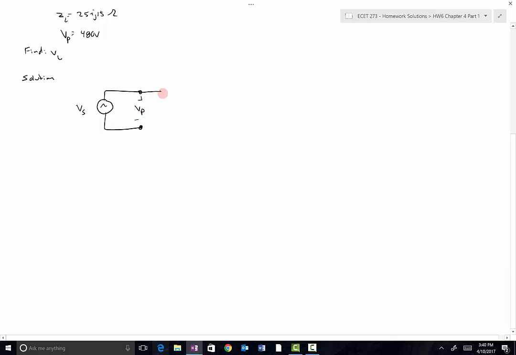We then model the internal parameters of the primary side coil with a resistor in series with an inductor. This is what we're referring to as the coil resistance of the primary. So this was 10 ohms, R1, and this is XL1, the leakage reactance of the primary. XL1 was J15 ohms in this situation.